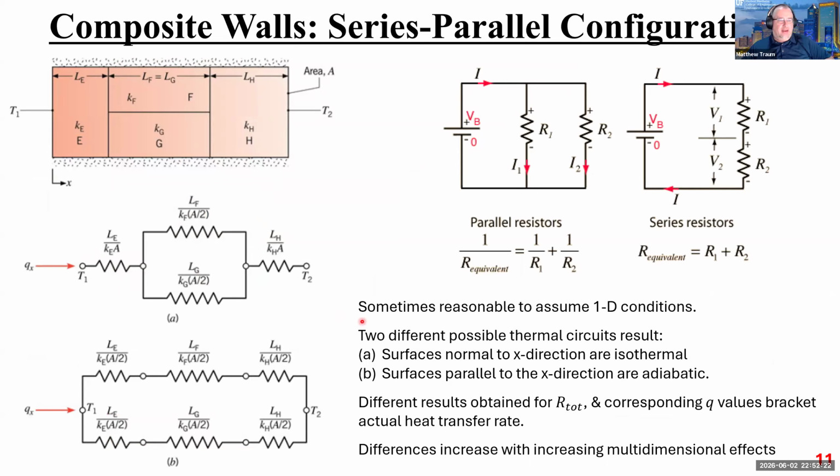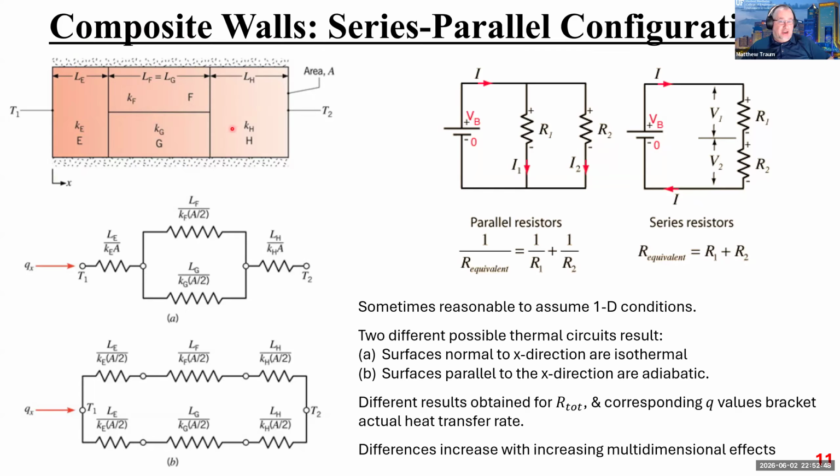Okay, so now a little bit more complicated. You could also have a composite wall that has different sub-elements in it, right? So just like the previous wall, I have these layers that are kind of continuous all the way through, and then I have these units F and G, where F can have potentially a different thermal conductivity than G does, and they kind of split the heat transfer between them.